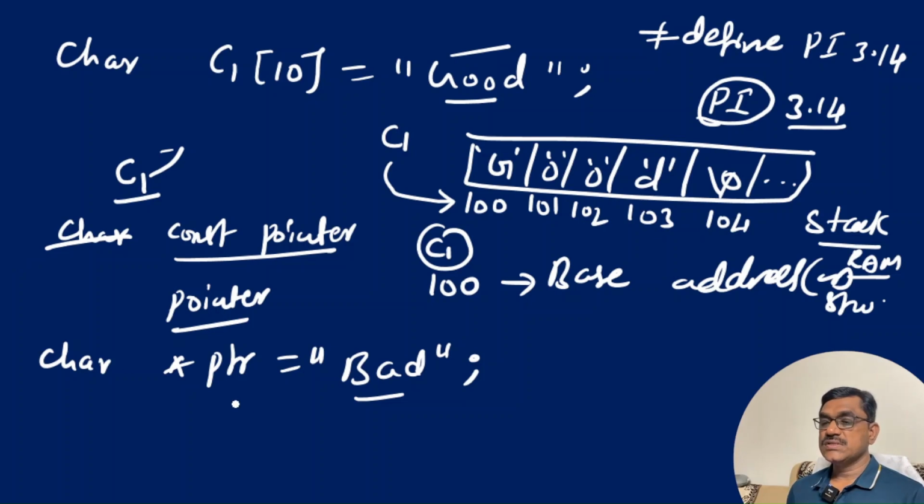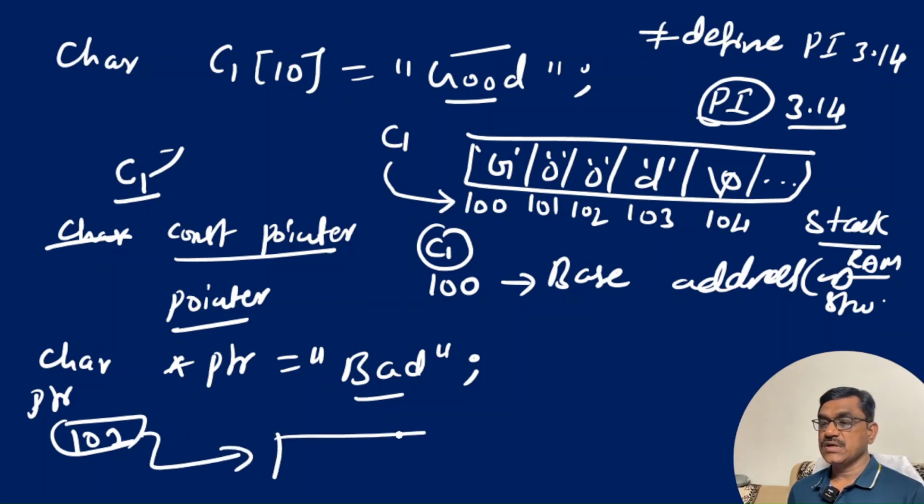But when you consider the second one, char *ptr = "bad", where is the string literal bad going to be stored? Here ptr is the variable. Assume that the address it is going to contain is 102. 102 is the address of some storage where the word bad is stored, right?